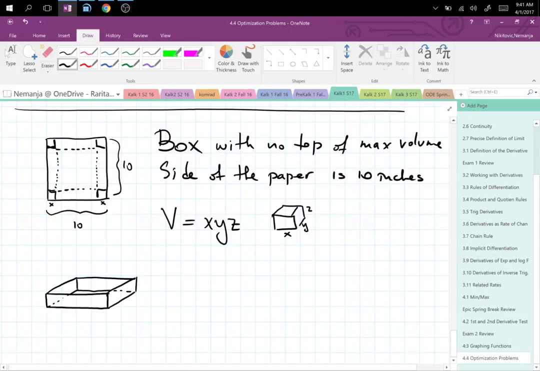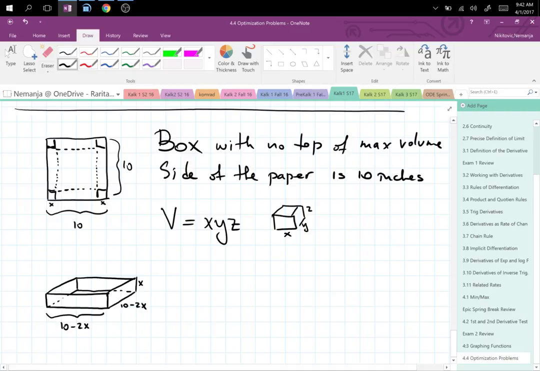X, very good. And these two sides on the bottom are obviously the same, it's a square base. So what is the length of each one of the sides now? 10 minus 2x, very good.